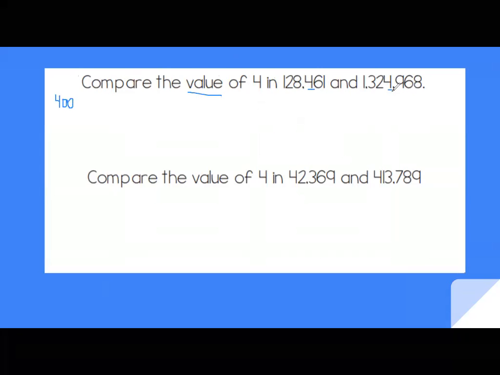And the second 4 is in the thousands place, so that's going to have a value of 4,000. So they're asking us to compare these two values. If we look at 400 compared to 4,000, is it greater than or less than?